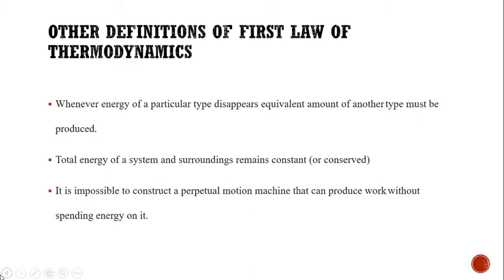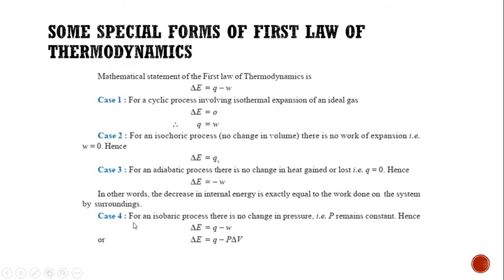And the third definition is that it is impossible to construct a perpetual motion machine that can produce work without spending energy on it. So, energy is very important in the first law of thermodynamics, and it must be conserved when a system changes from one state to another. Now we will discuss some of the special forms of the first law of thermodynamics.